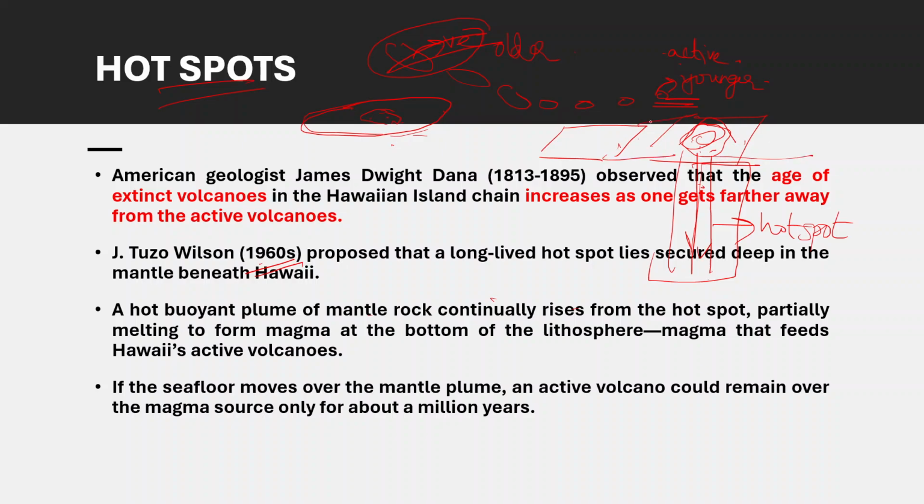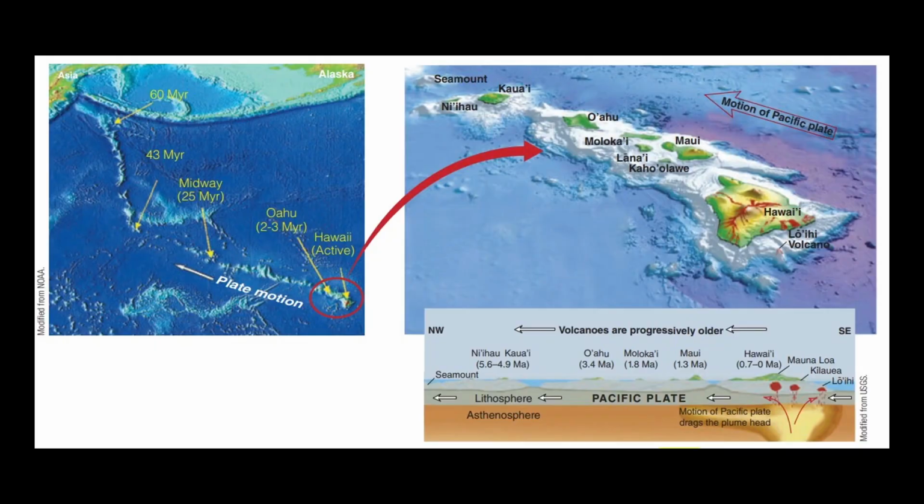The part of the plate following it will come into this position, and again a volcano will be formed over here. That is how this chain of volcanoes is formed. I have a good image in the next slide, which will help you understand what I'm trying to convey.